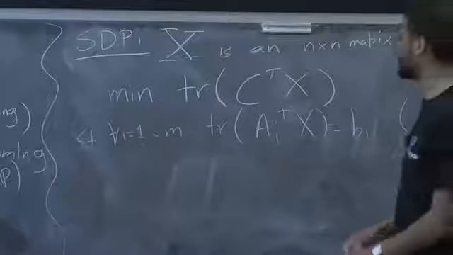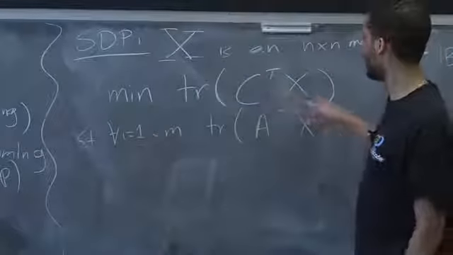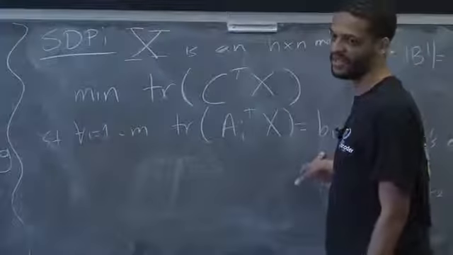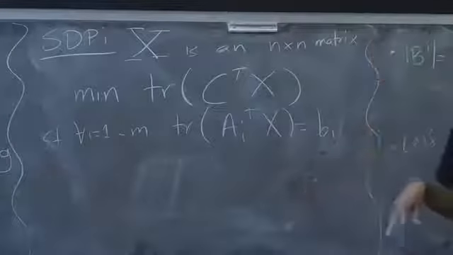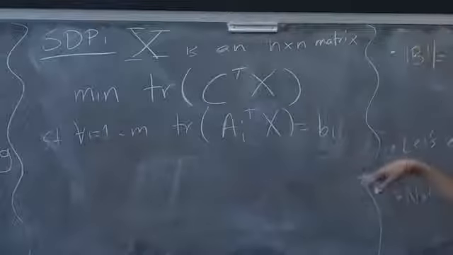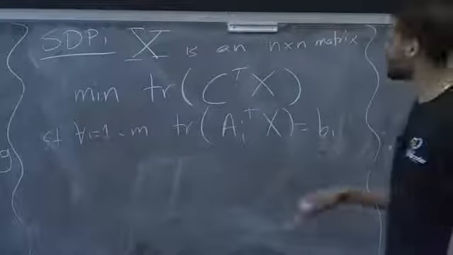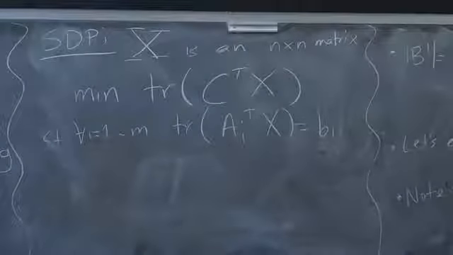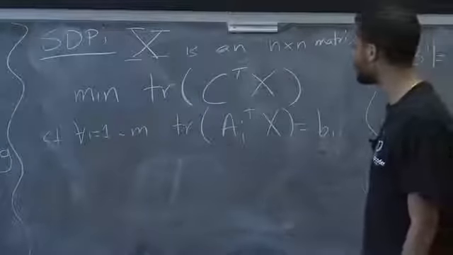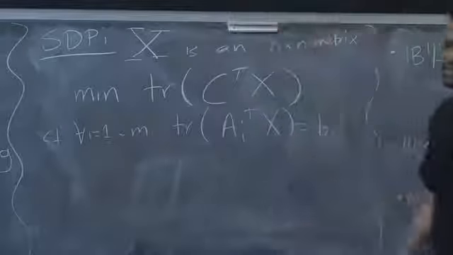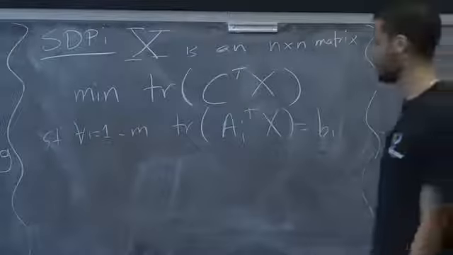Just like LP, where you minimize C dot x subject to A_i dot x is b_i for a bunch of different rows of this matrix A. But now both A_i and X are matrices. And there's also these non-negativity constraints, which we're going to replace with a positive semi-definite constraint.